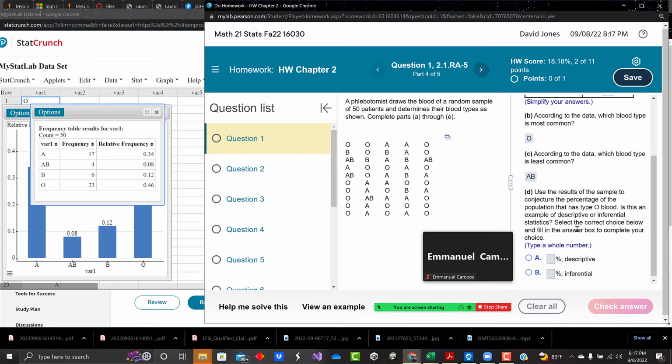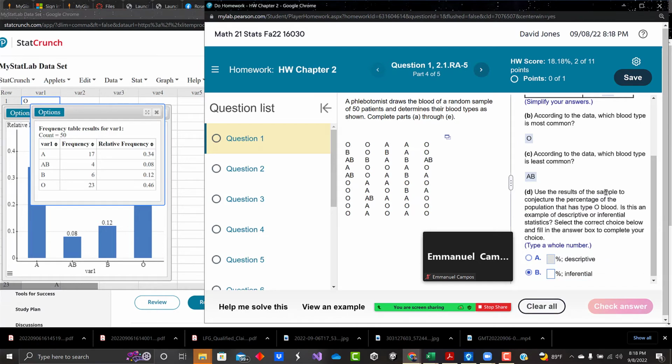This part uses the results of the sample to conjecture the percentage of the population that has type O. Is this an example of descriptive or inferential statistics? Whenever we are taking results from a sample and conjecturing or trying to estimate what the population is, that's called inference or inferential.